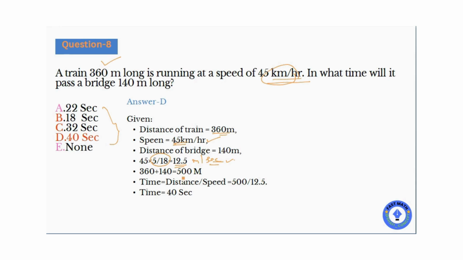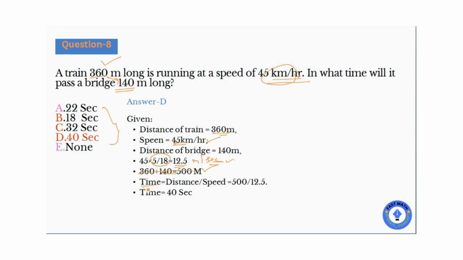As per our synopsis, if a train is crossing a platform or bridge of 140 meters, the total distance the train has to travel is 360 plus 140. The total length will be 360 plus 140, that is 500 meters the train has to pass in this scenario.